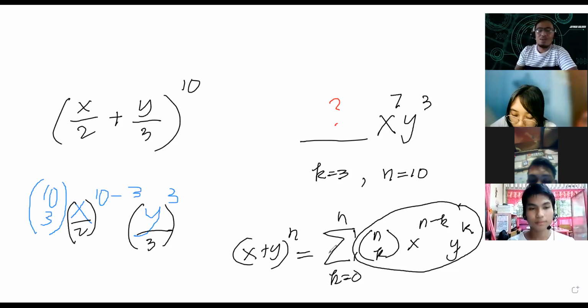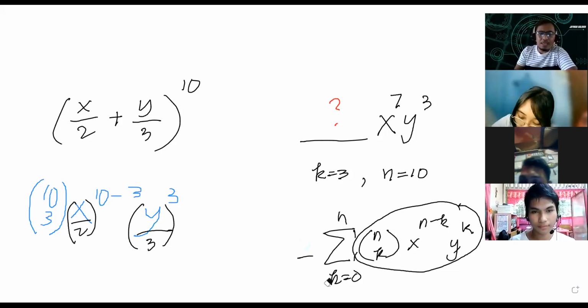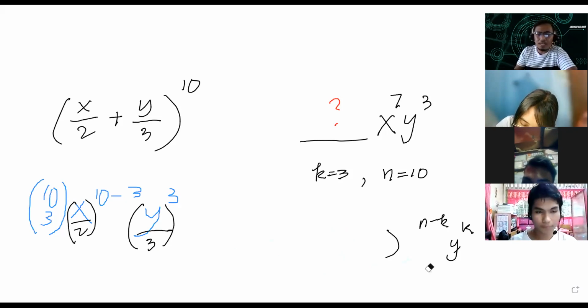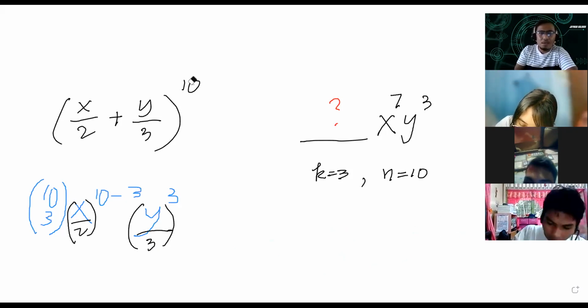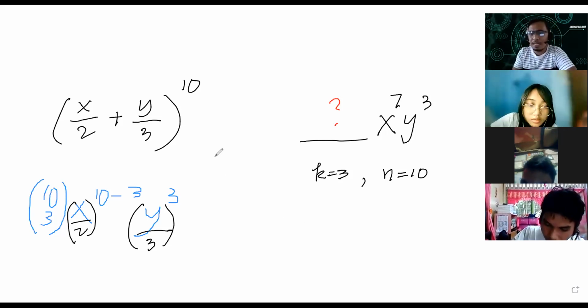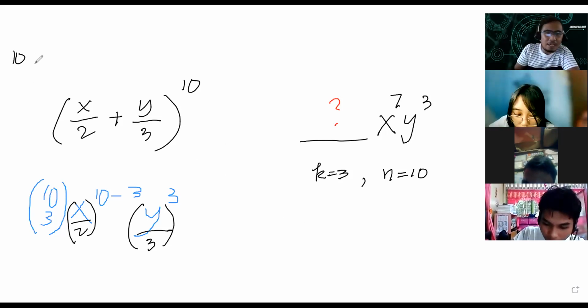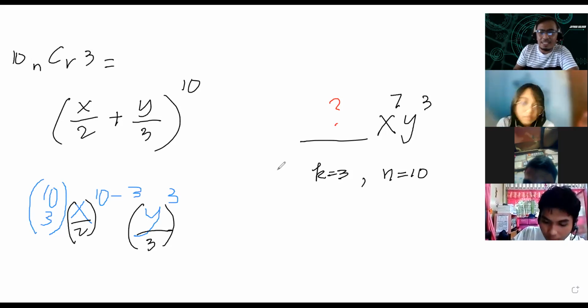Okay, let's continue. What is 10 taken 3? You can press your calculator: press 10, find nCr, then 3.